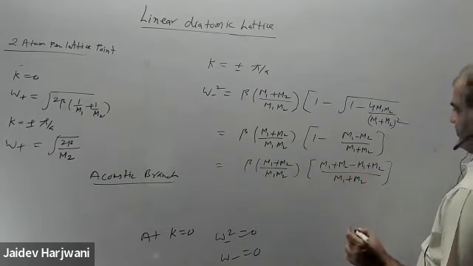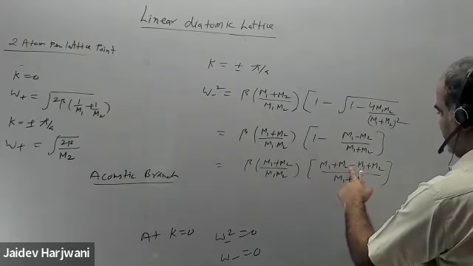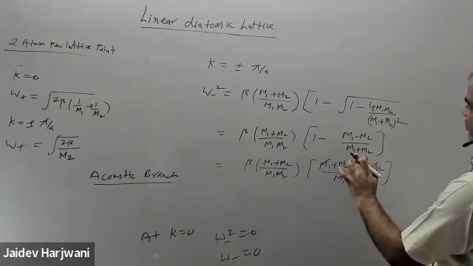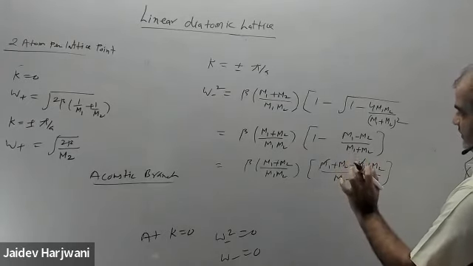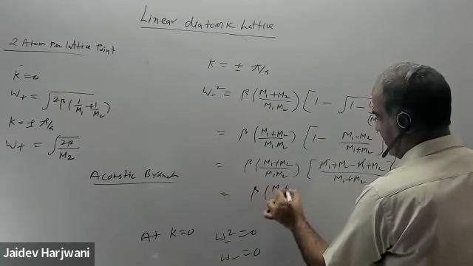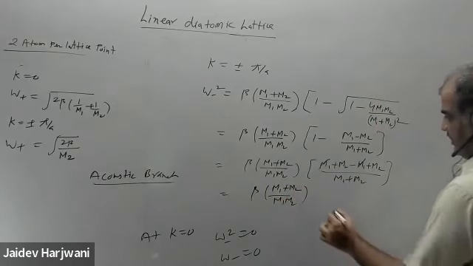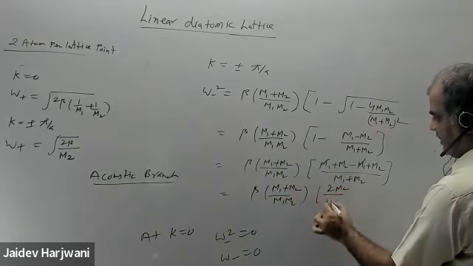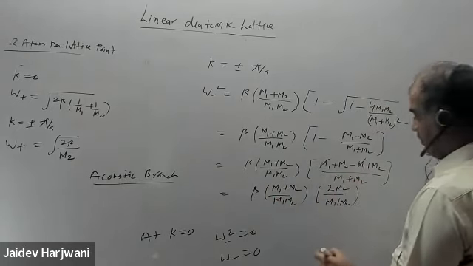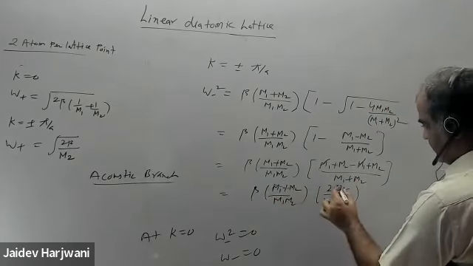Which one becomes minus this time? m1 becomes minus, and sorry, there was a mistake here. Is it going correctly? Okay, this will be beta m1 m2 over m1 m2. So here we have 2 m2 over m1 plus m2. m1 m2 cancels, and then m2 also cancels.